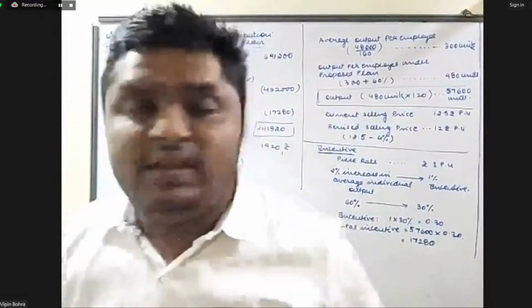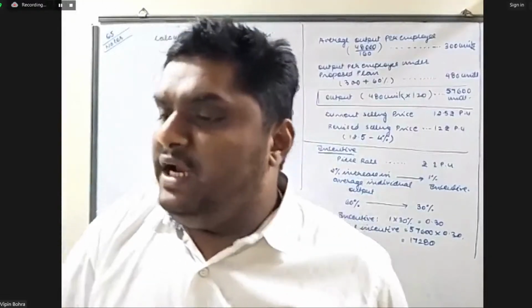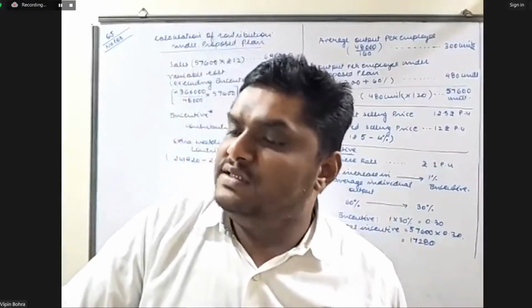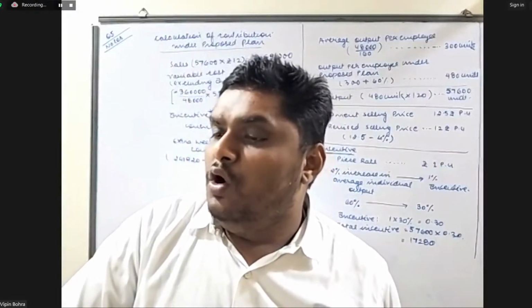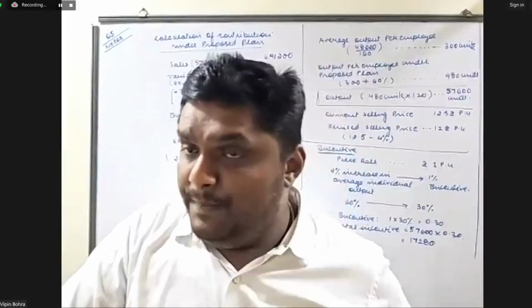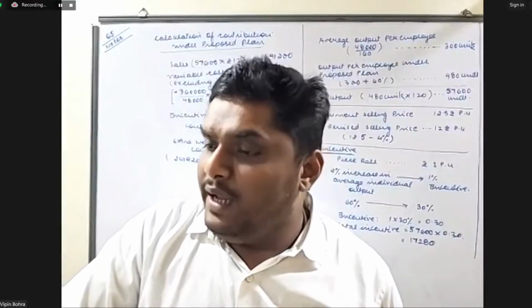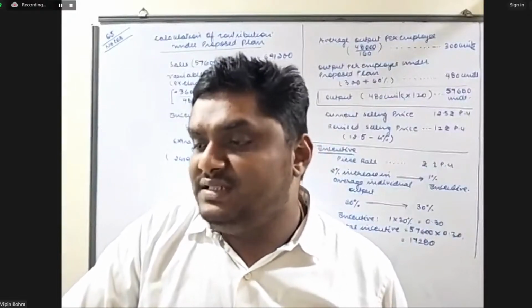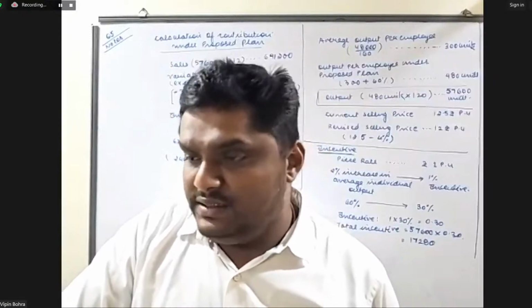So let's start with question number 3. A paint manufacturing company manufactures 2 lakh per annum medium-sized tins of Royal paints when working at normal capacity.